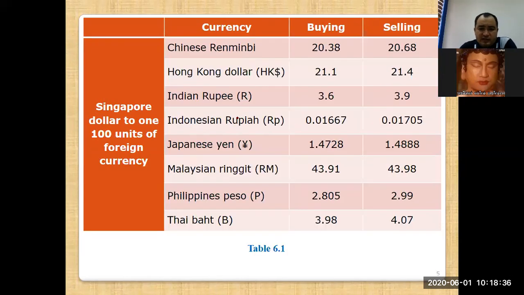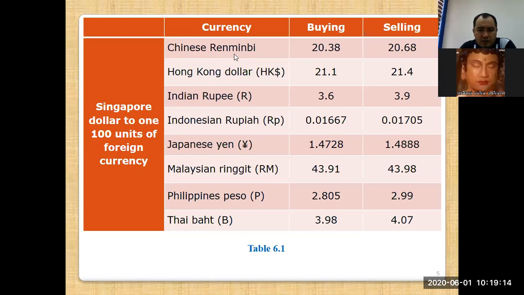Another one is a similar table, but for other countries whose currencies are low in value. That's why it says Singapore dollar to 100 units of foreign currency.